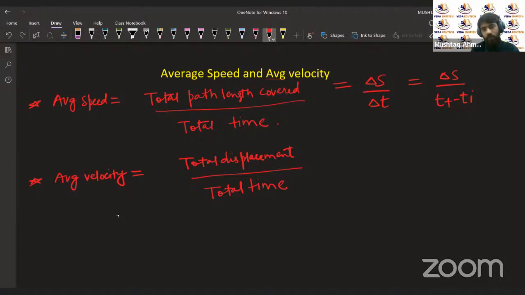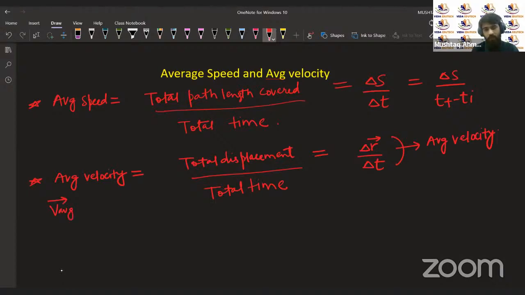Here, the total displacement is delta r, the delta r vector, upon delta t, correct? So this represents the average velocity, right? Average velocity, correct?